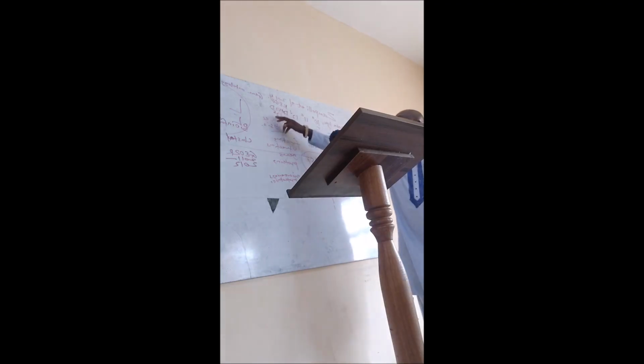So if you are going to have similarity, this should be A, and this should be what? B. Why is the B now in 13 and D is in 12?